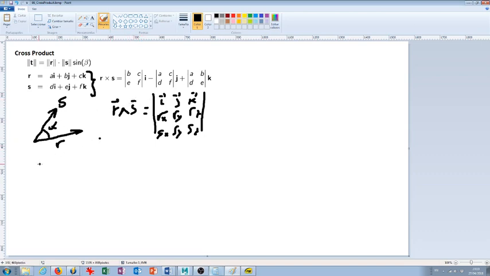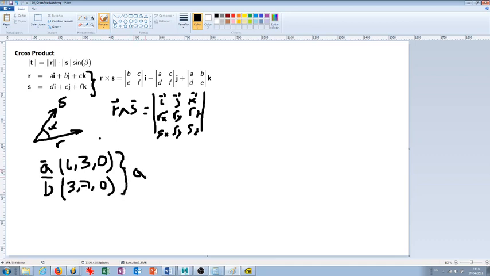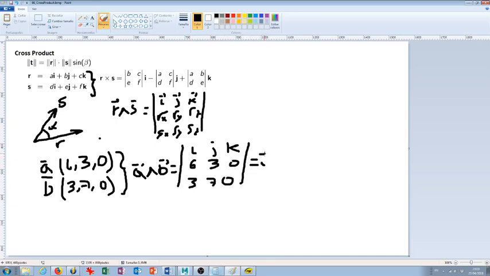Let's say we have a vector A (6, 3, 0) and a vector B (3, 7, 0). We can calculate A cross B by expressing i, j, k, and here we put 6, 3, 0 and 3, 7, 0. We have to work out the determinant.